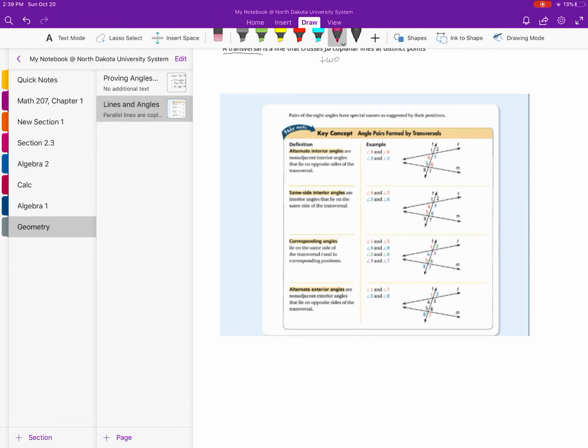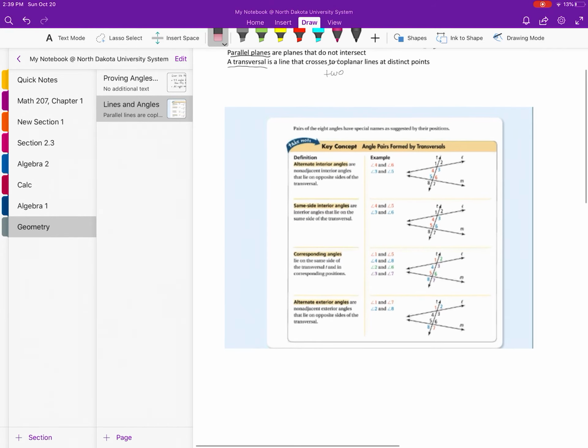Meanwhile, we have here our transversal. Let's do pink. That's our transversal right there, labeled T. And it's the same in each one of these drawings. A transversal is a line that crosses two coplanar lines at distinct points, which you can see is true here.